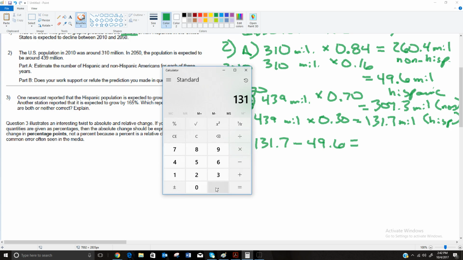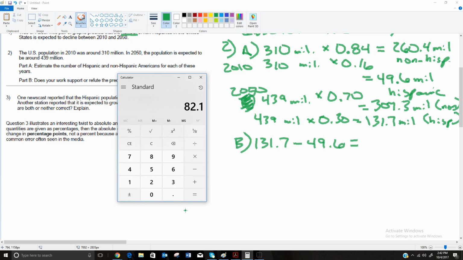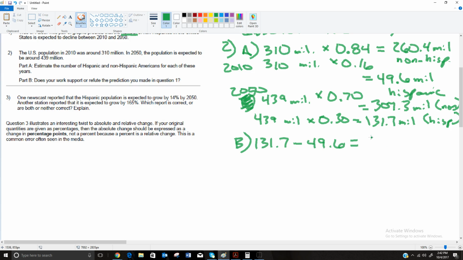And if you can do stuff in your head, that's fantastic. I'm going to do it on the calculator here just so everybody's on the same boat. So the difference between that is 82.1 million people. So there's an increase of 82.1 million people in those 40 years.